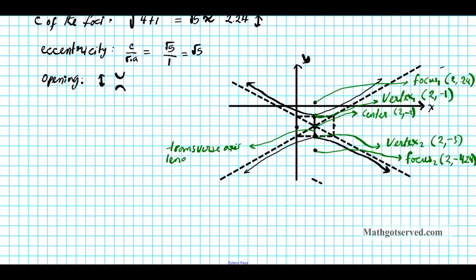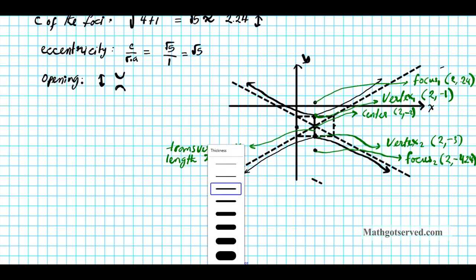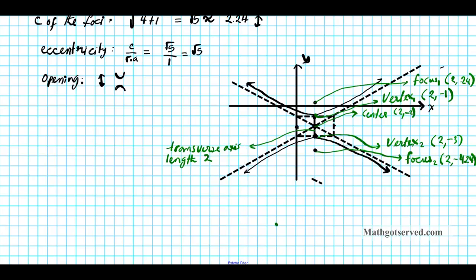You're going up and down 1 unit, so the total length is 2. Now let's draw our transverse axis line, the line that contains our foci, center, and vertices. So that line right there is our transverse axis line.